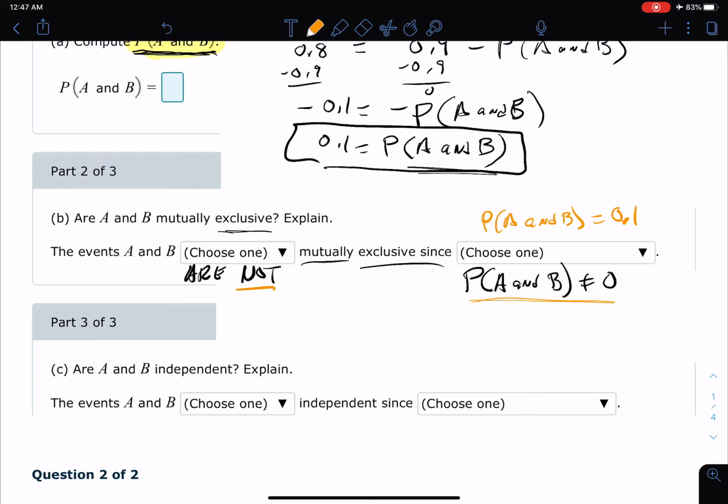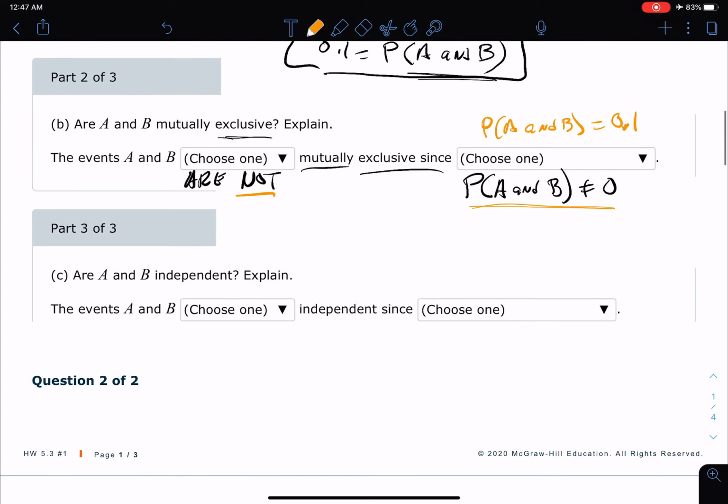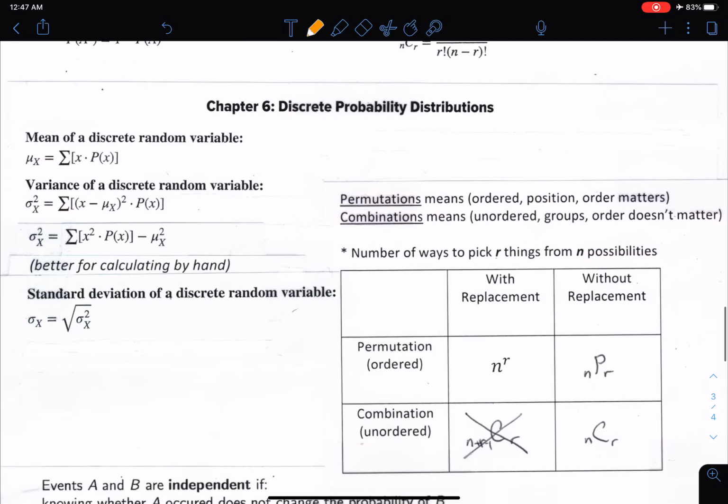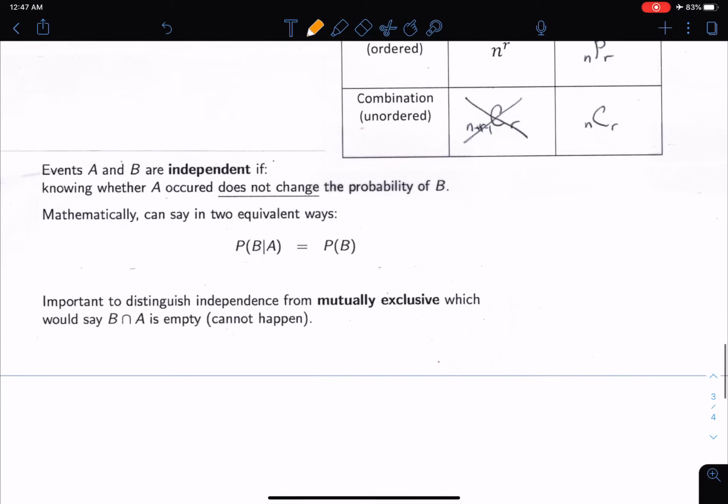Part C, are A and B independent? Okay, so there are a couple of different ways I could think of right away to check for independence. One way is, let's go down to my formula sheet.